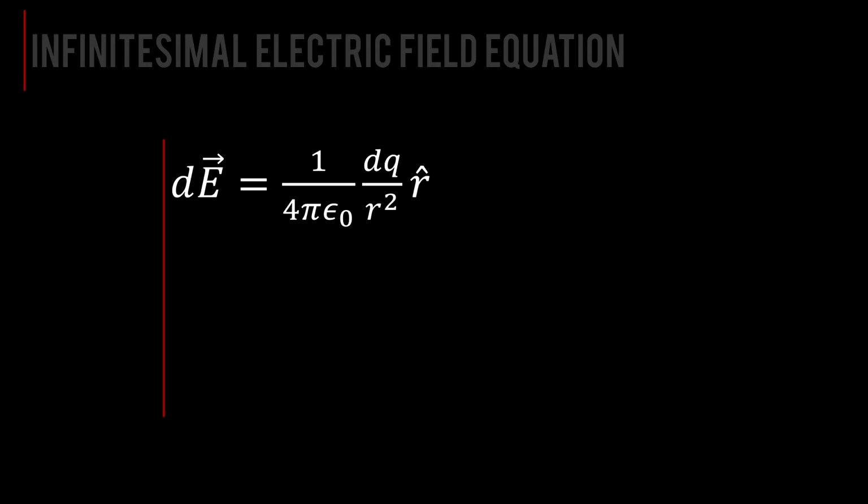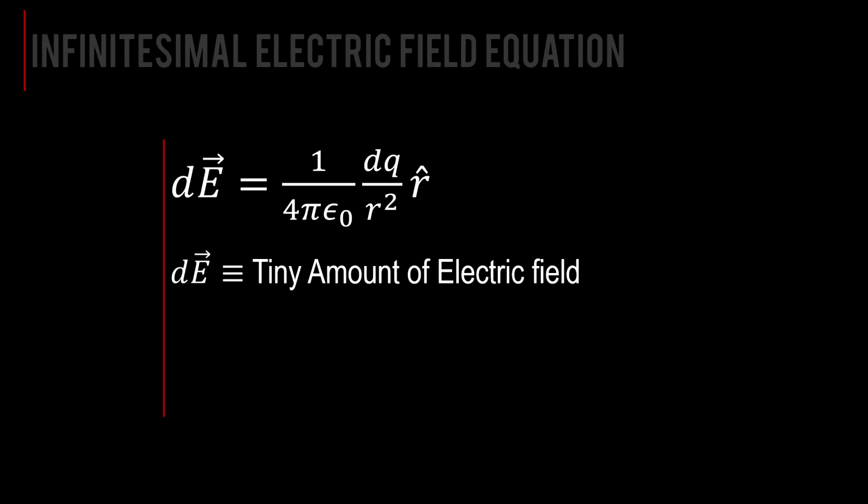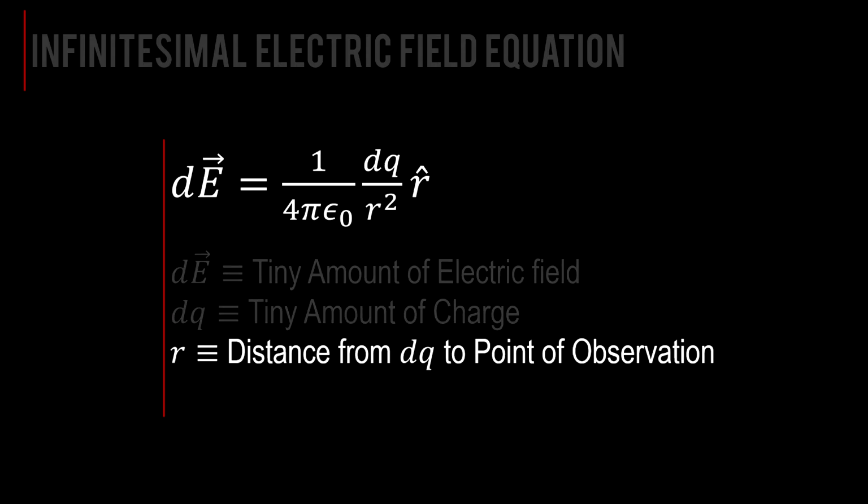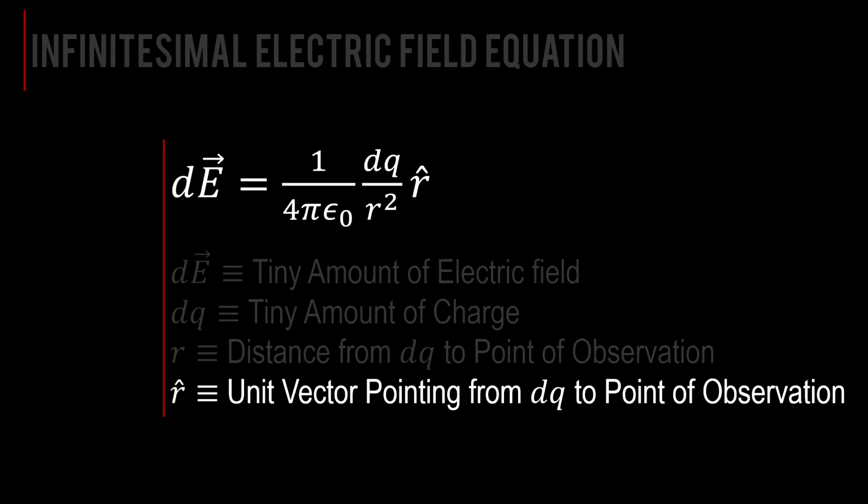Now we just have a dE instead of an E and a dq instead of q, where dE is going to be the tiny amount of electric field produced by each one of the dqs. We also have r, the distance from each one of those dqs to the point of observation, or where we're trying to measure or say what the electric field is, and the unit vector, r hat, that points from dq to that point of observation.